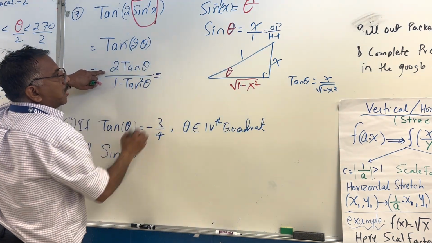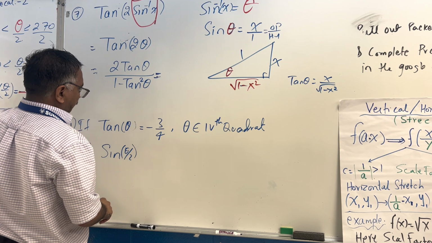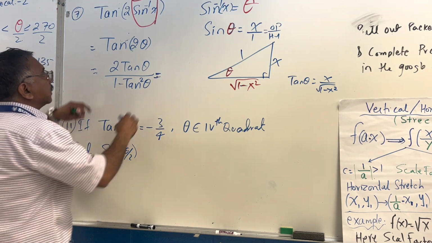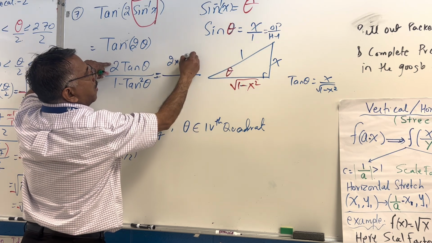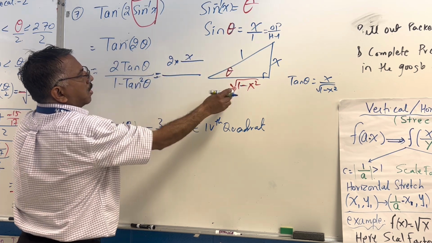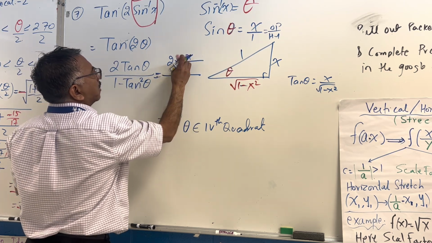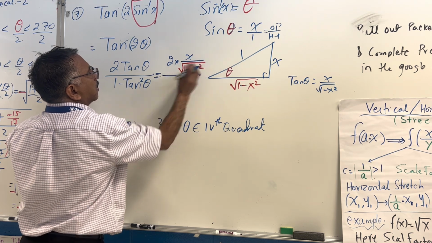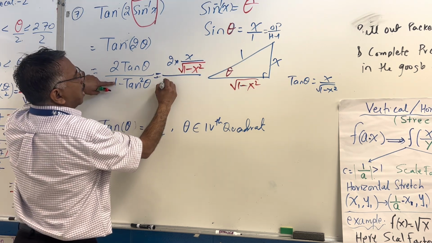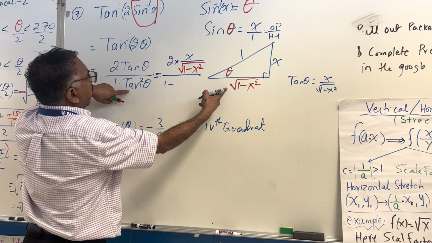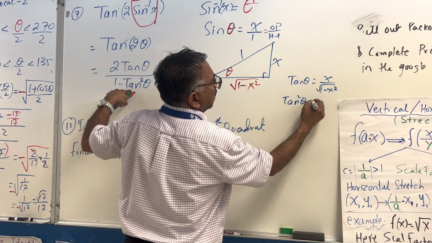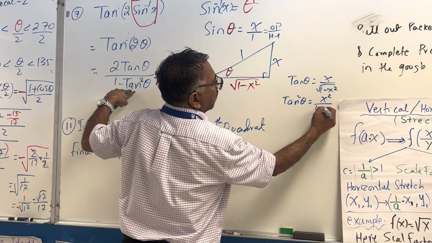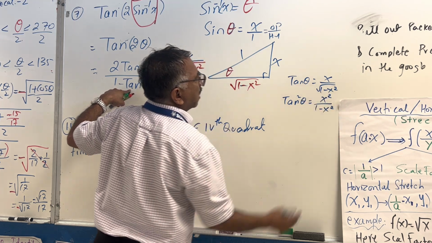So this becomes 2 times opposite over hypotenuse, and this is 1 minus, and now you have to square. If I square tan theta, this is x squared over 1 minus x squared, because the radical sign vanishes.